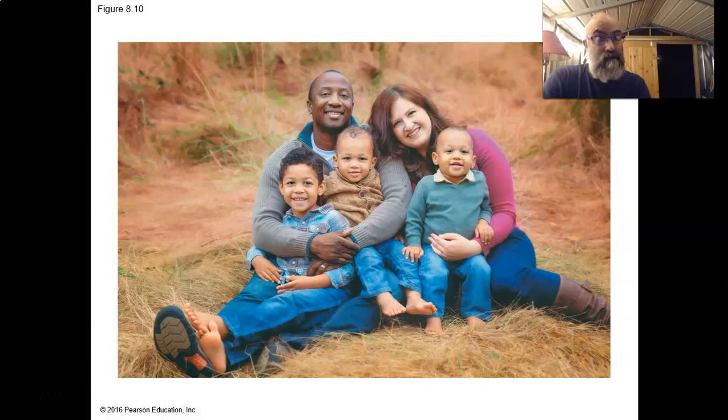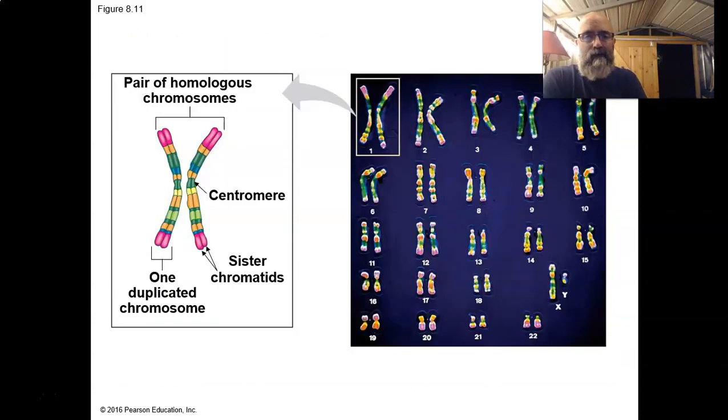And men produce millions and millions of sperm. So every sperm is the potential for a very different individual offspring, right? And that's because of some interesting things that happen during this other cell division called meiosis. Okay.